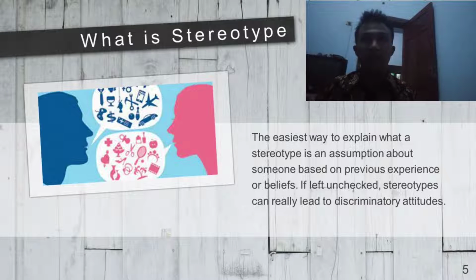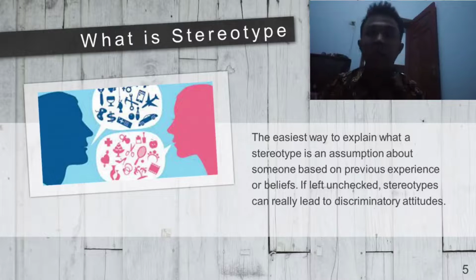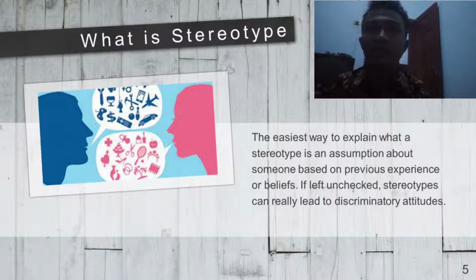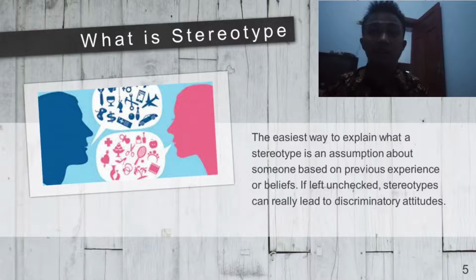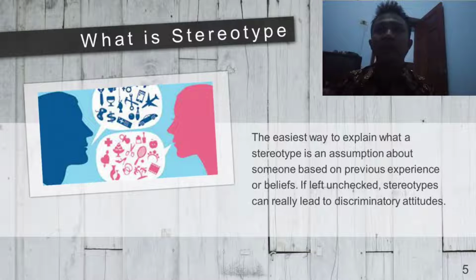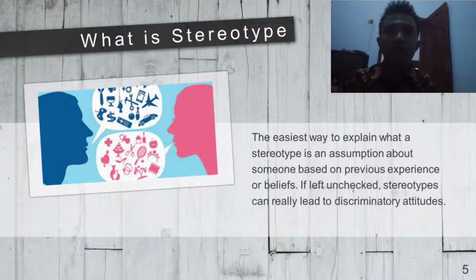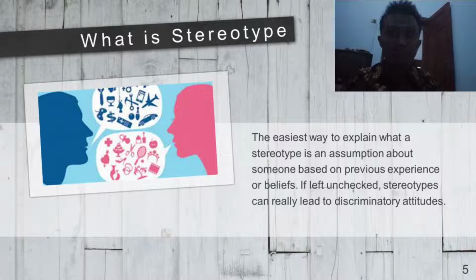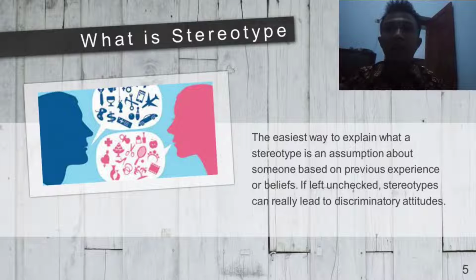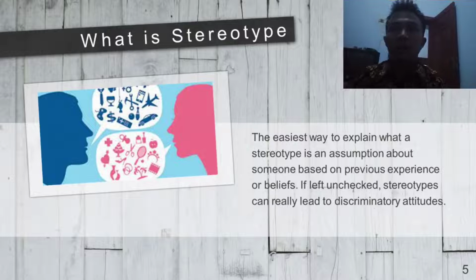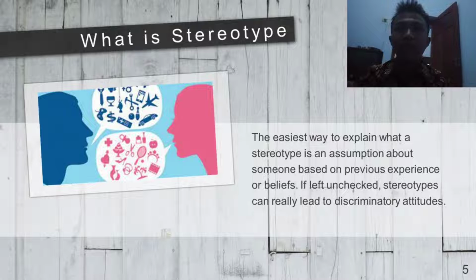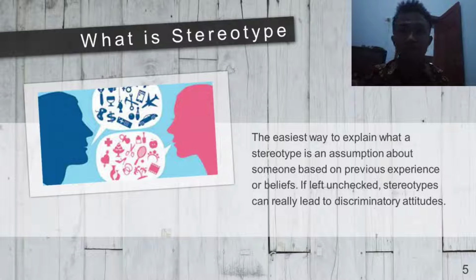First, what is stereotype? The easiest way to explain what a stereotype is: an assumption about someone based on previous experience or belief. Left unchecked, stereotypes can really lead to discriminatory attitudes.